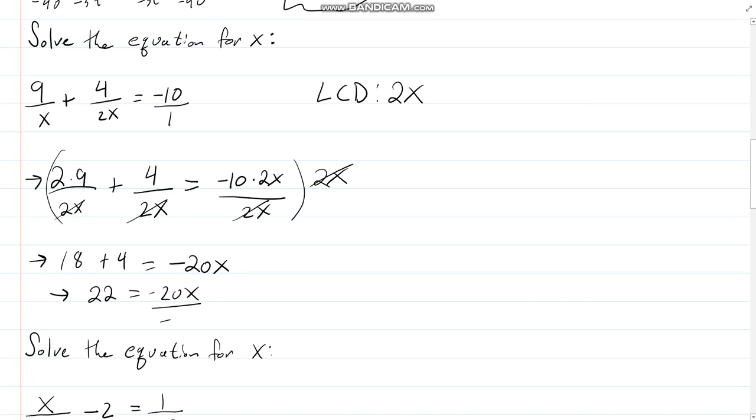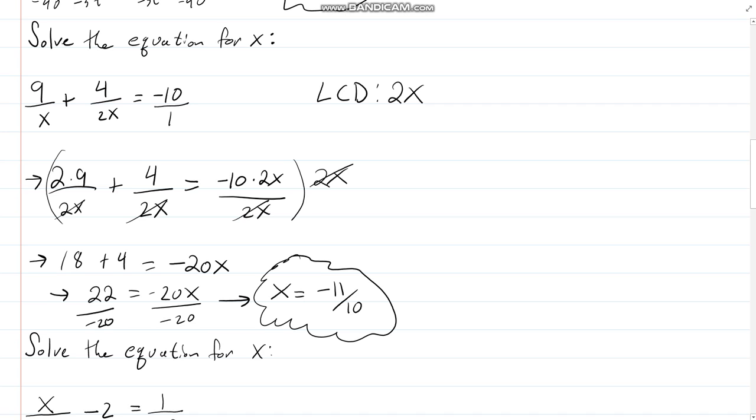Then I can divide both sides by negative 20, and we're going to find x equals negative 11 tenths when we reduce that fraction. Not too bad. Again, I'm using that idea of putting everyone over the LCD, and that way we can just get rid of all of the denominators.